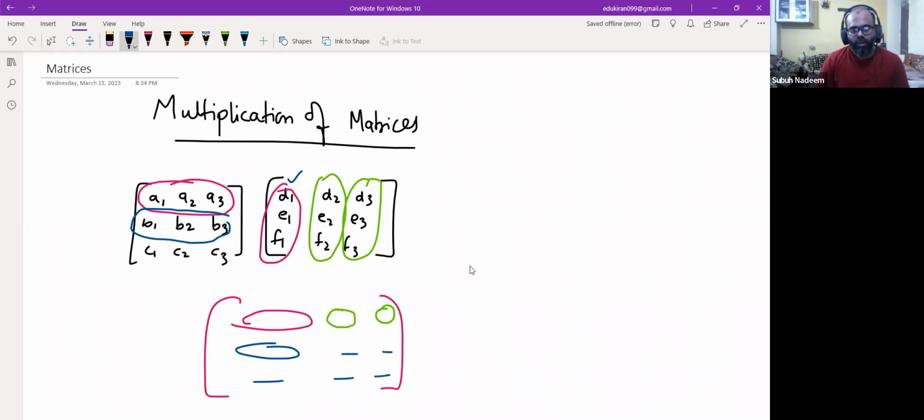For addition of matrices, the matrices must be conformable: if one is M cross N, the other is also M cross N, and we add corresponding elements.